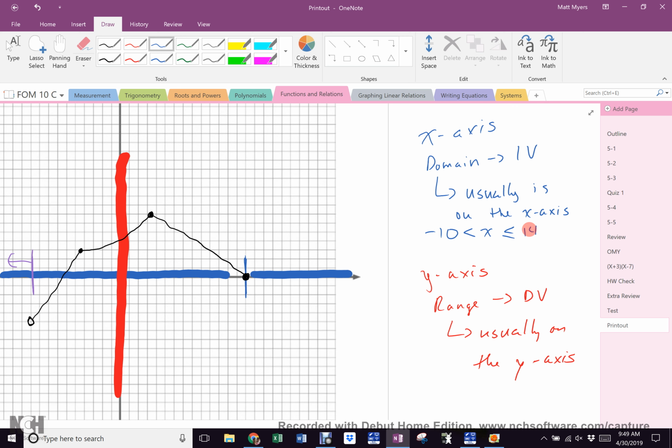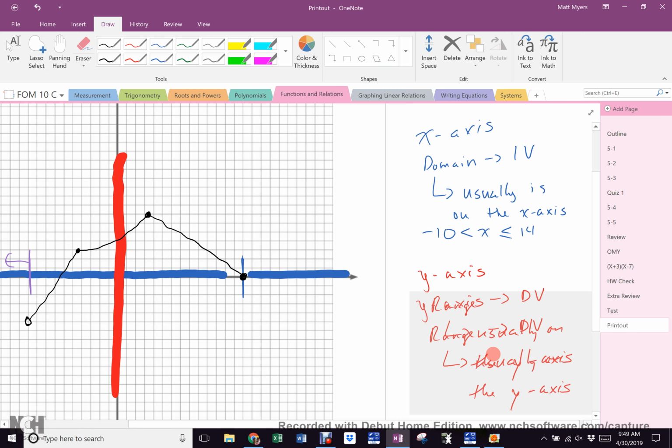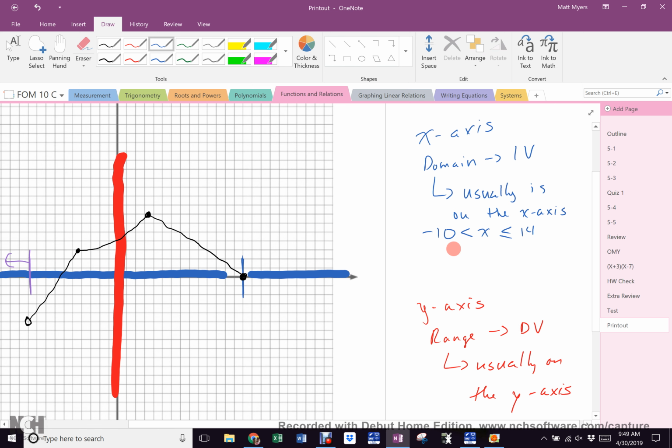Notice for domain, I am only caring about the blue line, just the x-axis. Cool? And we learned another way to write this because math guys are lazy. The other way to write this is with a round bracket, because that means we never got to 10, comma, 14 with a square bracket because we got to 14.